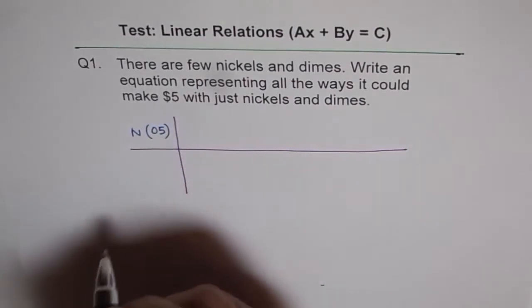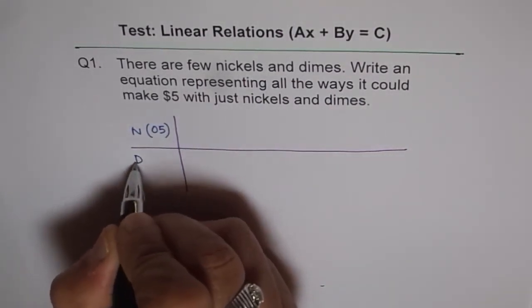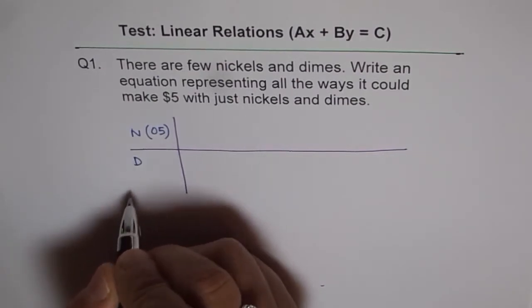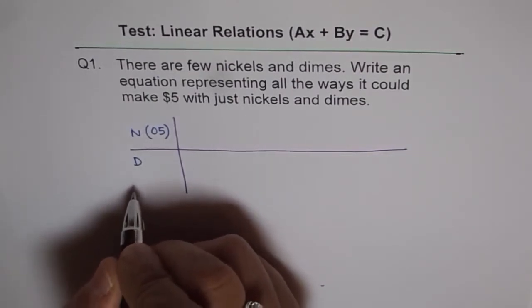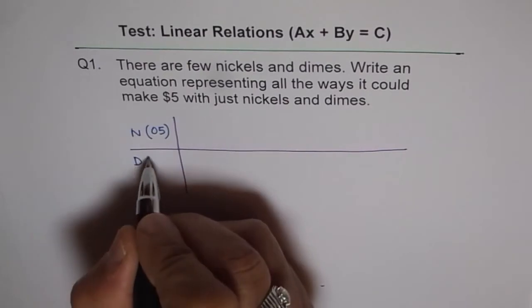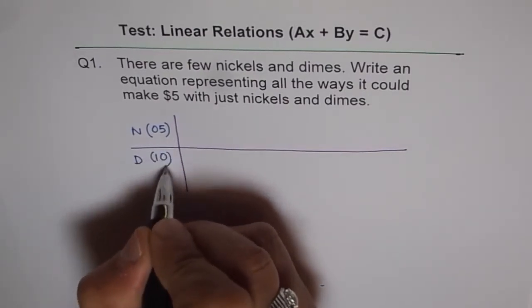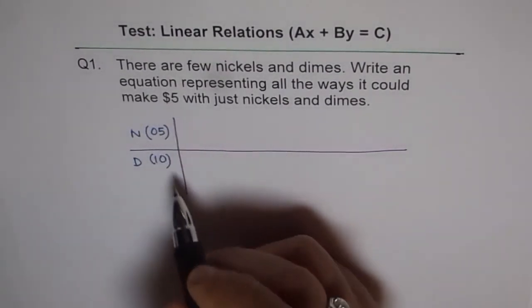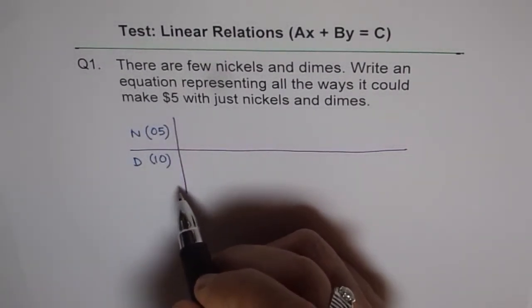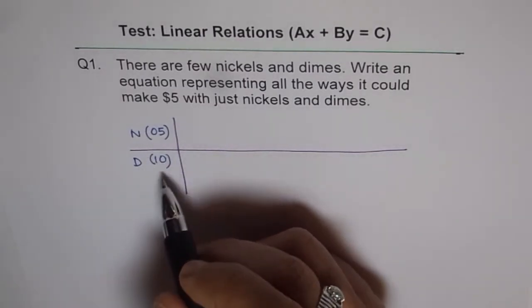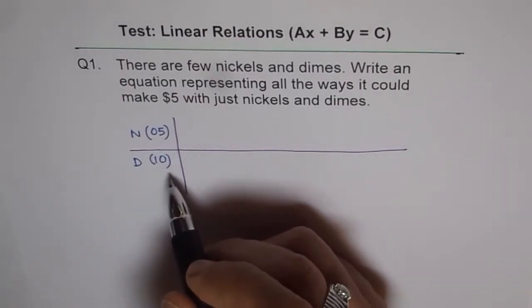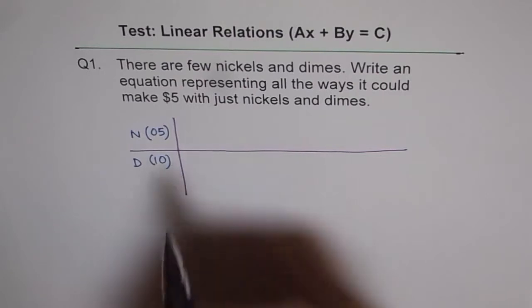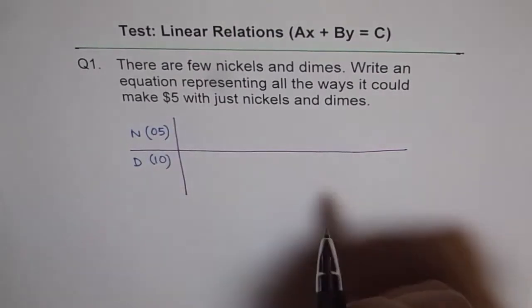And dimes, let D be the variable which says dimes, and dimes be 10 cents. That's the value of each dime, right? Now, if you want to make $5, let me write $5 as 500.